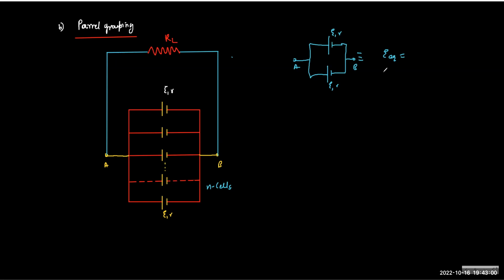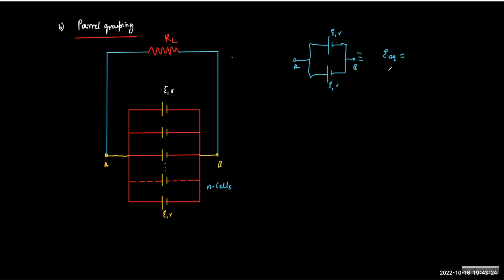So for a parallel combination of identical cells, the EMF is the same as for each one. If you just take one value, that's sufficient, because common sense also tells you that if you go from A to B, you exactly cross only one cell. The answer must be E only. We look at the terminals, and there is actually no current, so there is no drop or rise.